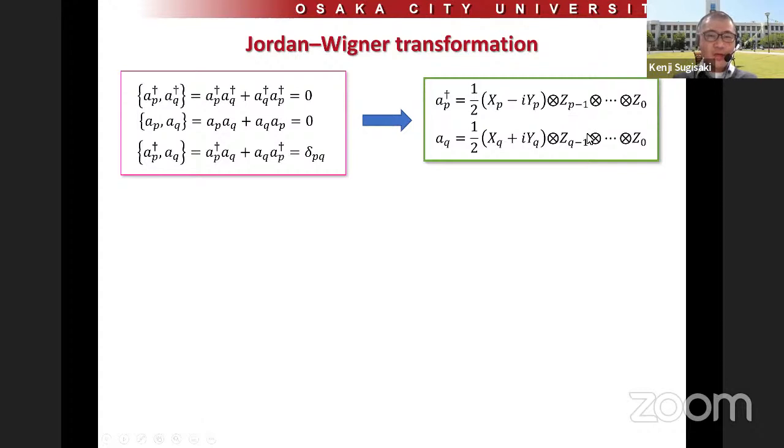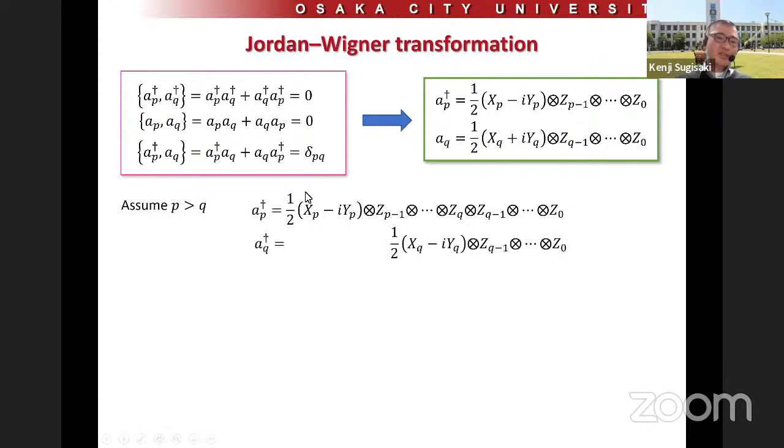So let us check whether these creation and annihilation operators satisfy these anti-commutation relations. Let us assume that p is larger than q, and calculate this first anti-commutation relation. a_p† is written as shown here.